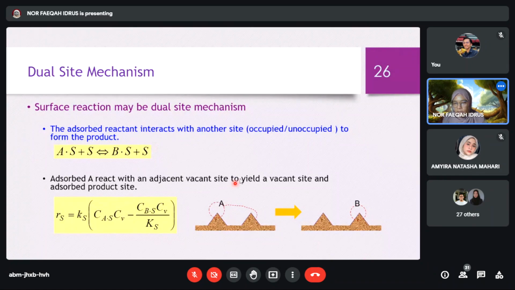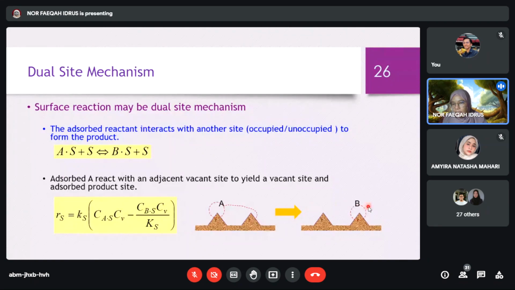If you look at the diagram here, during the adsorption process the reactant adsorbs at this active site. In order for the reaction to occur and form the product, they require another active site.